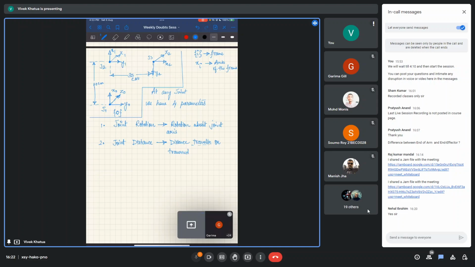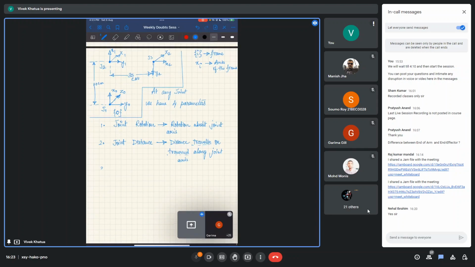Traveled is for a prismatic axis. Traversed is when you don't have a prismatic axis but you have some z offset. So your frame has traversed that distance along your joint axis.